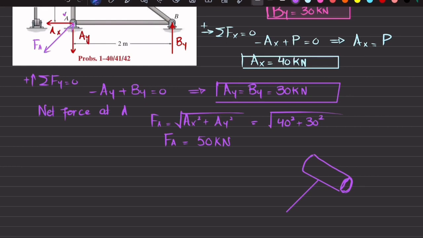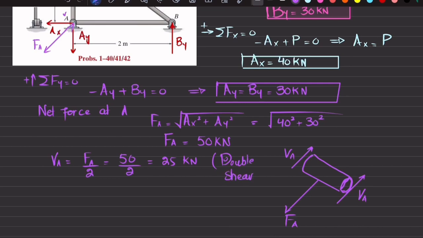Because both are in negative direction. So this force will be equal to FA. Due to double shear, there will be a shear force VA in this direction as well as in this direction. By using the equation of equilibrium, this shear force VA will be equal to FA divided by 2 due to symmetry. So 50 divided by 2 is equal to 25 kilonewton. Why? Because we have double shear.